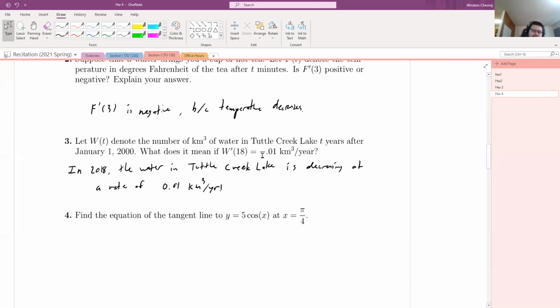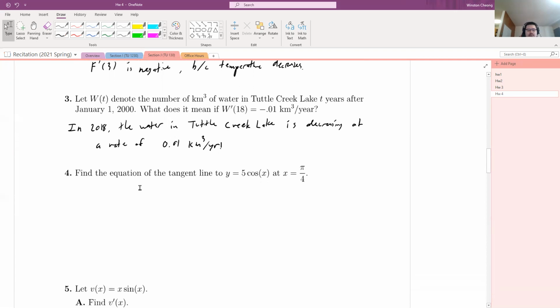So the decreasing is because it's negative. The rate is because this is actually W prime, not W. But apart from that, I think it's relatively straightforward.